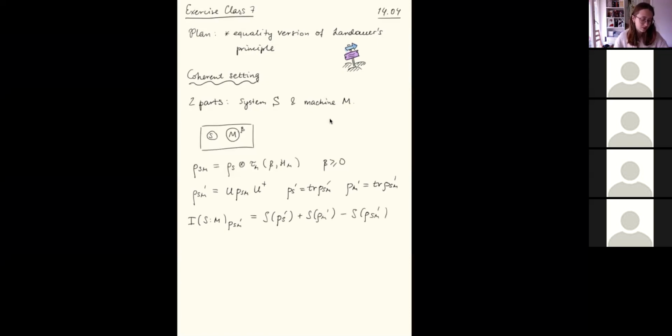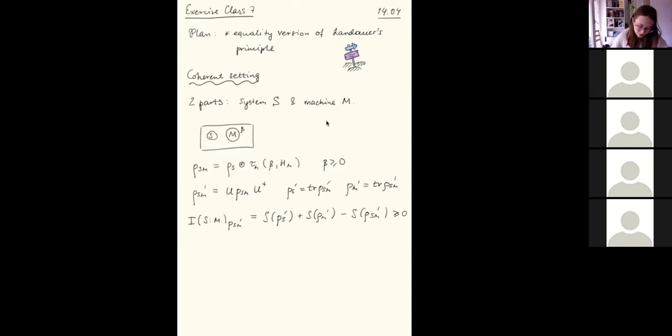One thing that we will not prove here, but take for granted from quantum information theory, is that the mutual information between two systems is never negative, so it is always non-negative. But I will not elaborate on this here because it should have been a part of the QIT course.